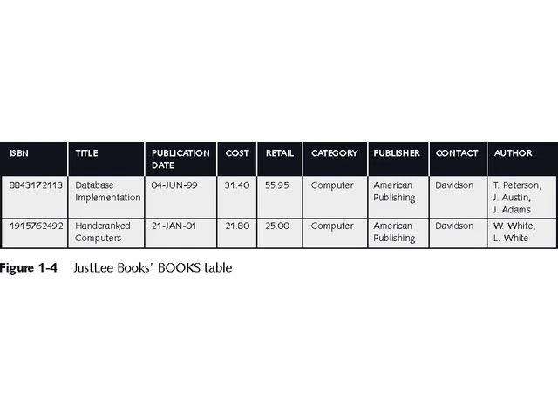Let's look at this table here. Just like books, a table I just created here, with an ISBN column, title column, publication date column, cost column, retail column, category column, publisher column, contact column, author column.